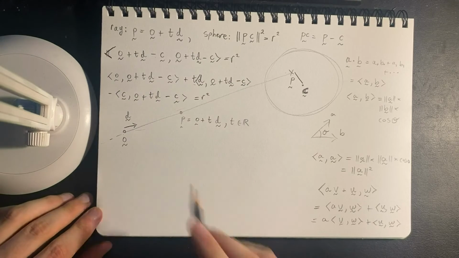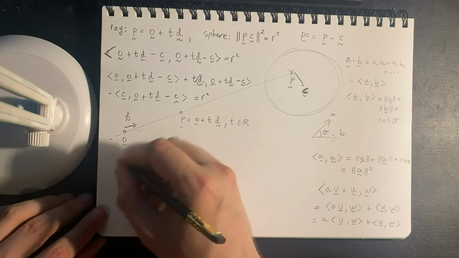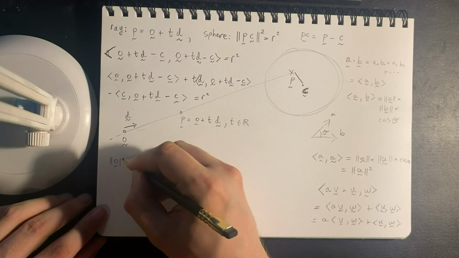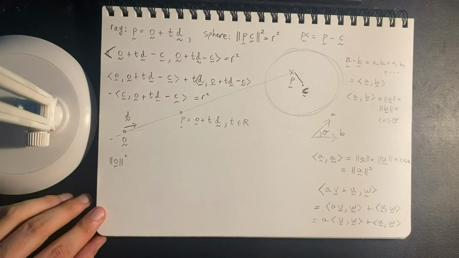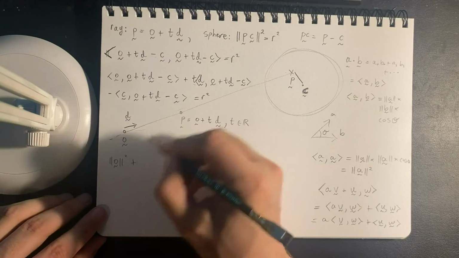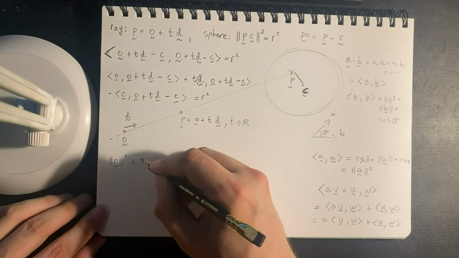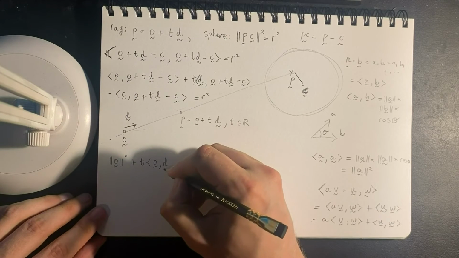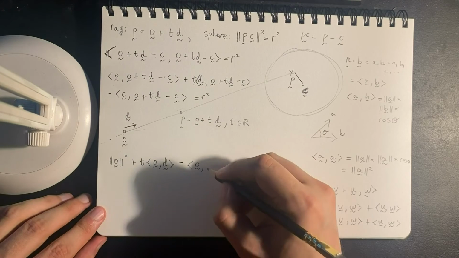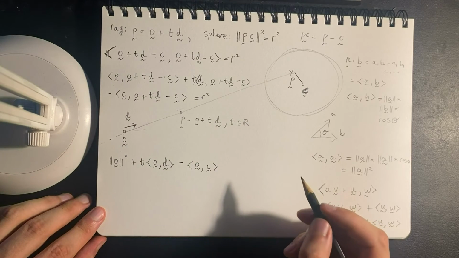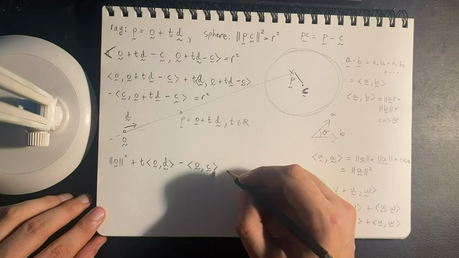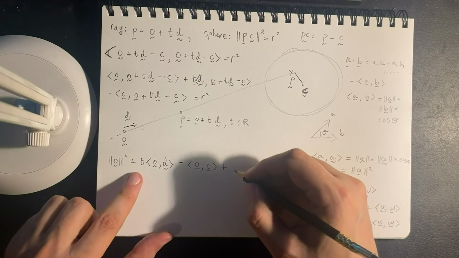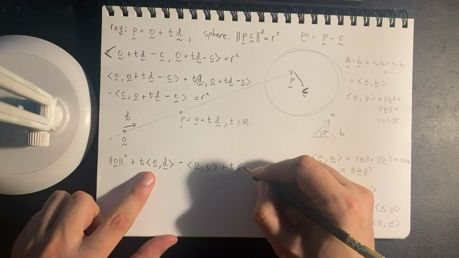Okay, now I'm going to work on this expression here. So we have O dot O, which is really the magnitude of the origin squared, plus, and then here I'll pull this out. So t times the dot product, O D, and then minus that expression there. I'm really hoping some of this is going to cancel out. Let's see. Plus, and then I'll take this, so we'll have t, and just to keep things nice, I'm going to swap that around.